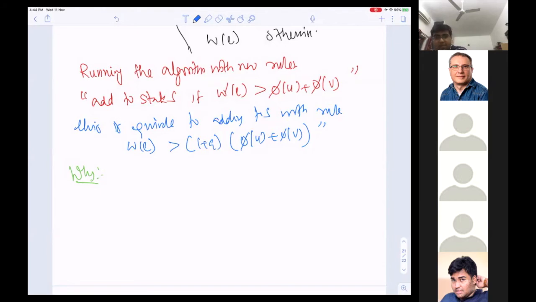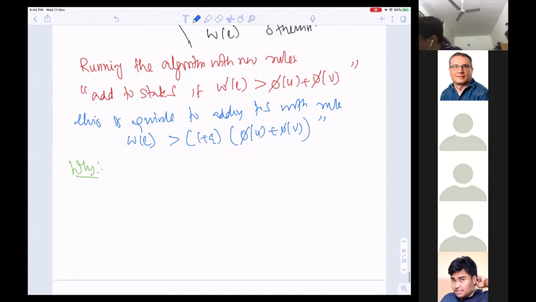This is just for the analysis purpose. So then I add this. Now what happens? I want to say that this rule will add edges to the stack if and only if this happens.